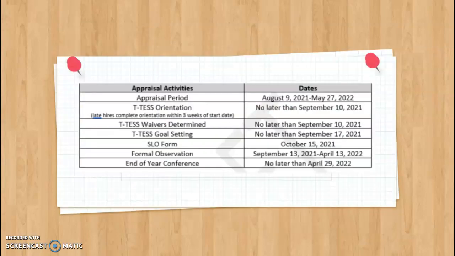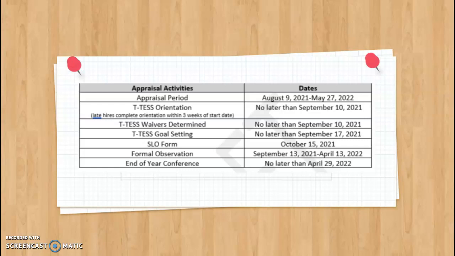So you can see here's just a glance at some of the most important dates. The appraisal period can begin August 9th and goes through May 27th. Your TTES orientation today is September 10th, and you are receiving this training via video. Goal setting, like we stated earlier in the presentation, is due in Strive by September 17th.